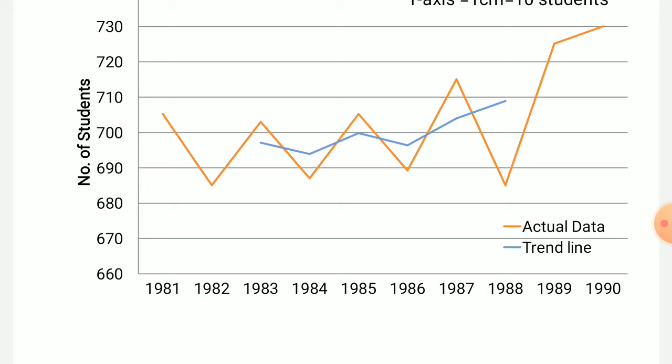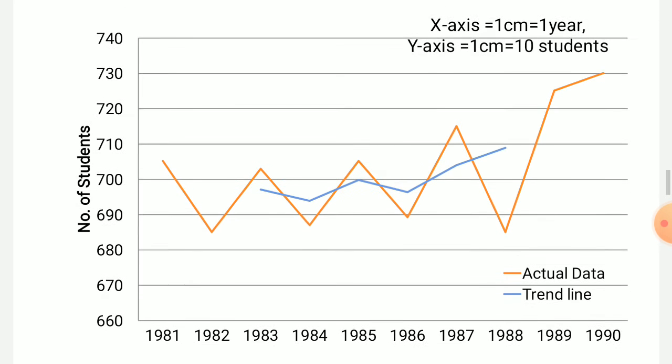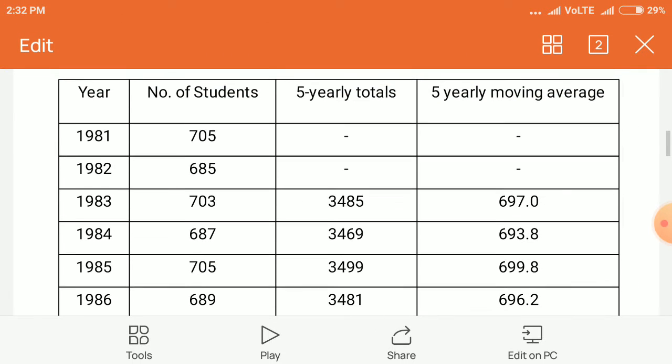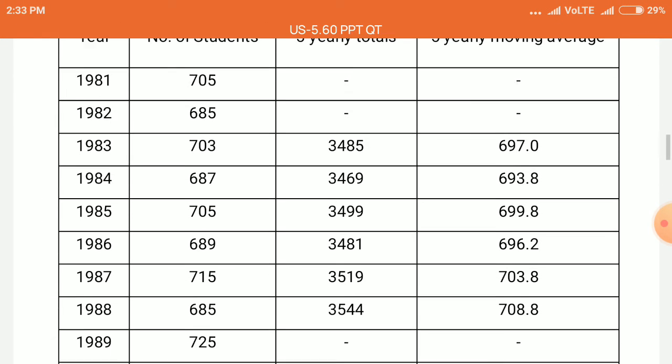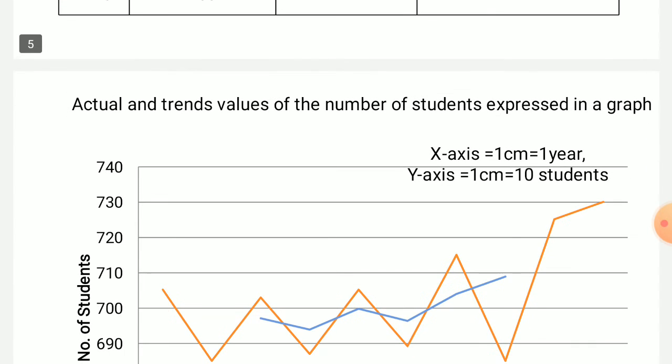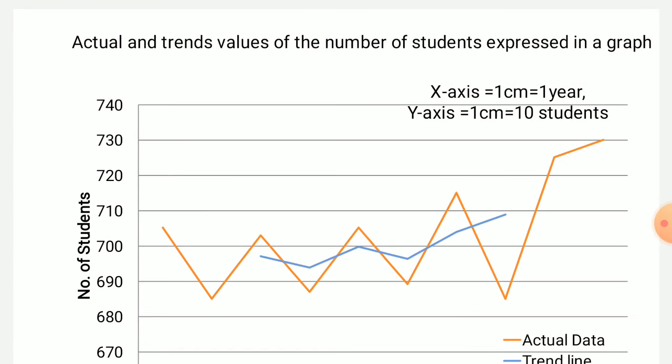So in 1981, there were 705 students. This is to be plotted in respect of that number.